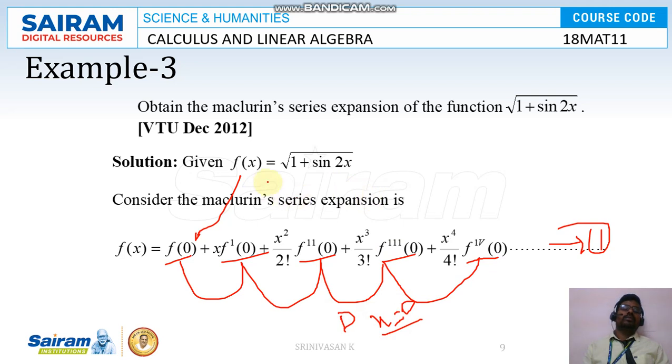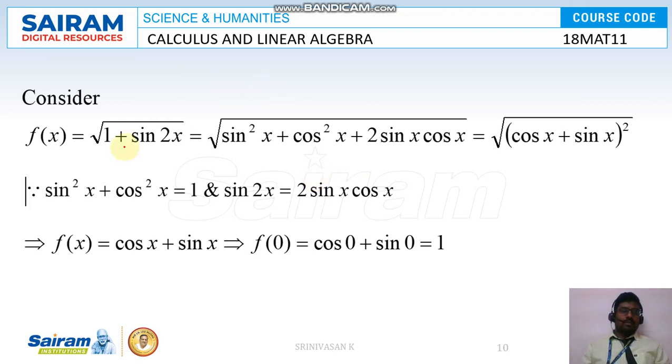Before solving this problem, we can use one formula here for 1 plus sin 2x. 1 plus sin 2x is nothing but sin square x plus cos square x plus 2 sin x cos x. This is important. This is a square plus b square plus 2ab, that is a plus b the whole square. So the square and square root cancel. Clearly sin square x plus cos square x equal to 1 and sin 2x equal to 2 sin x into cos x.